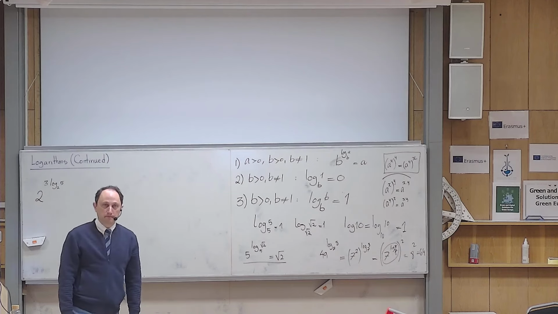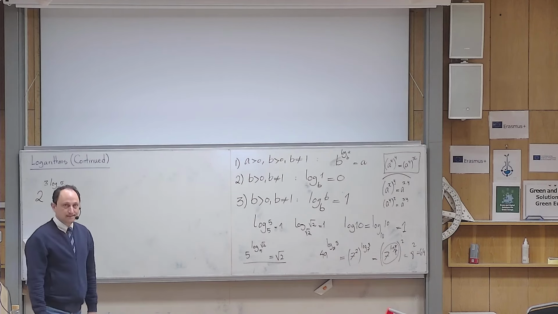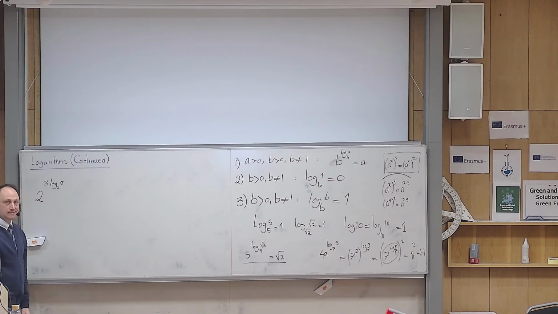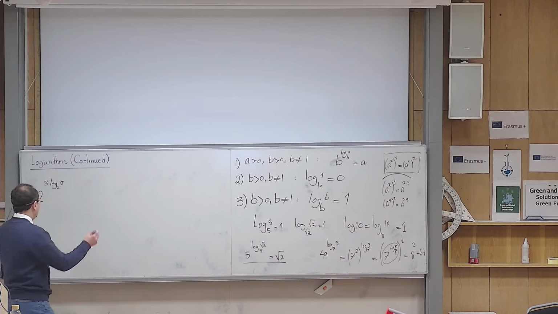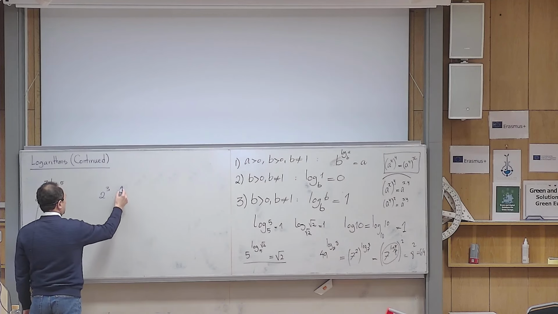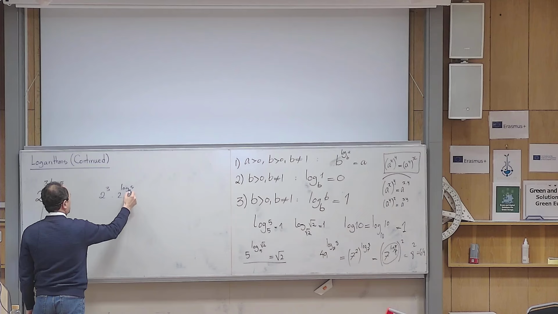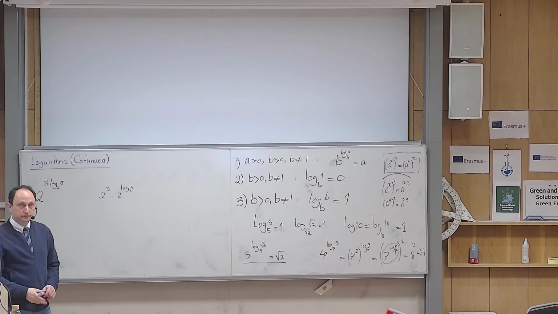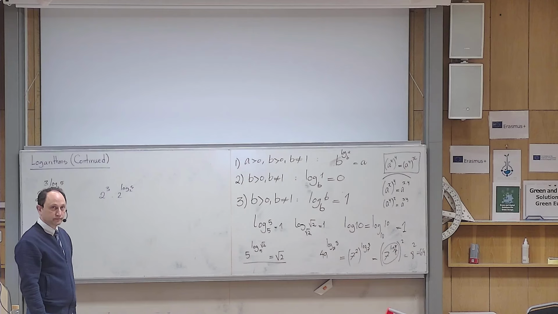2 to the power of 3 times 2 to the power of log 5. So did you invent a new rule? No, because 3 and log 5, isn't it 3 times? Yes, it is. Exactly.